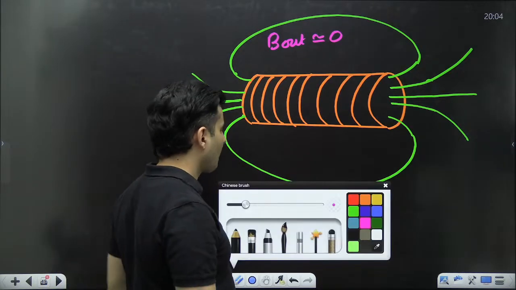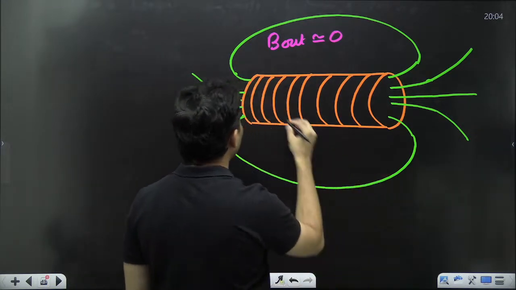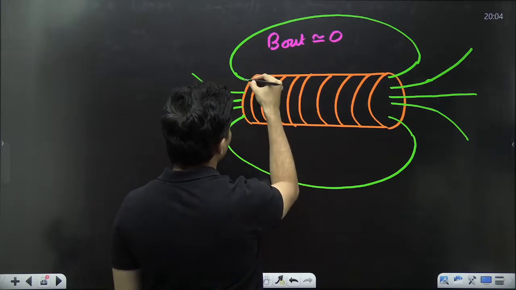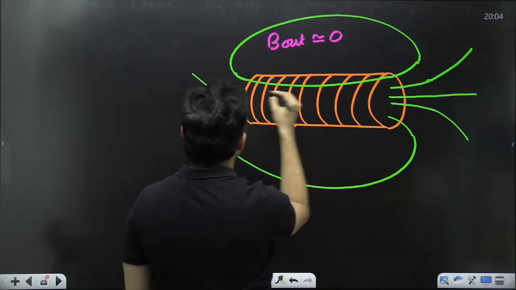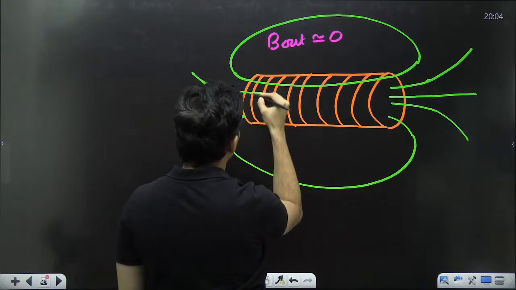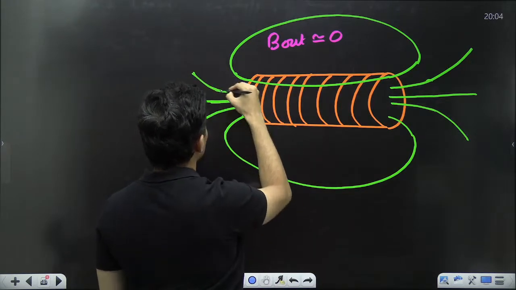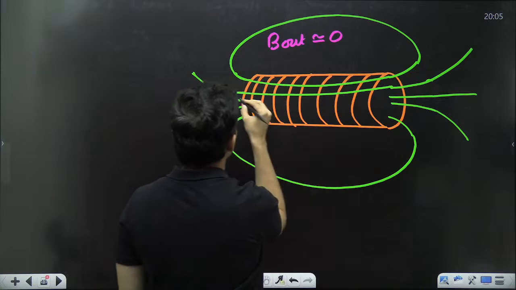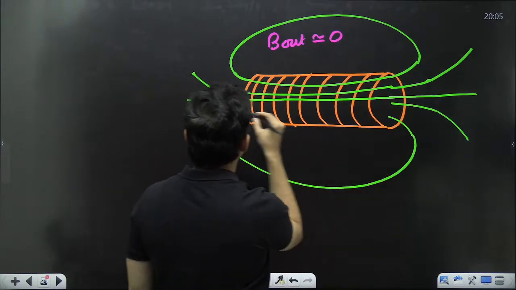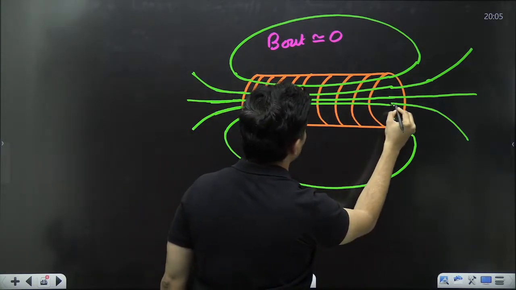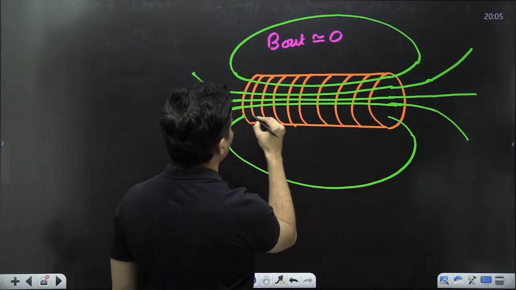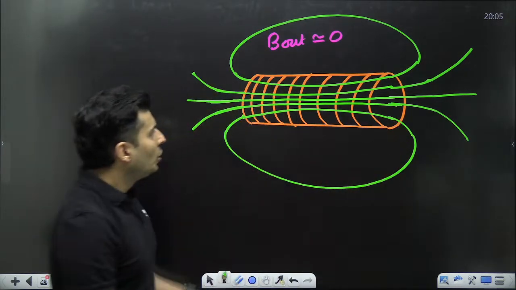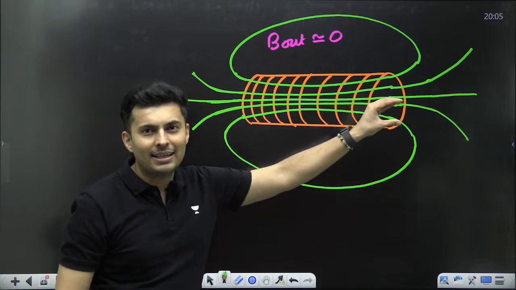Next important thing. If you notice the magnetic field lines inside, after reaching inside, they look something like this. Do you see the field lines are roughly parallel here?